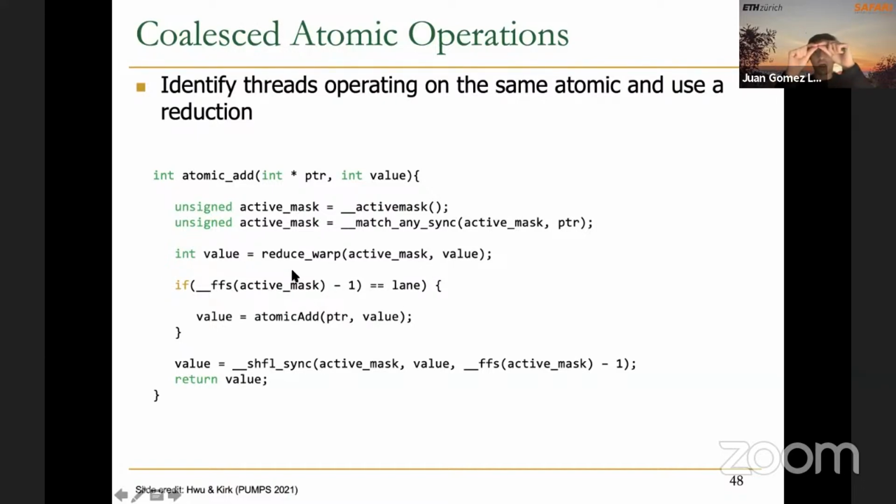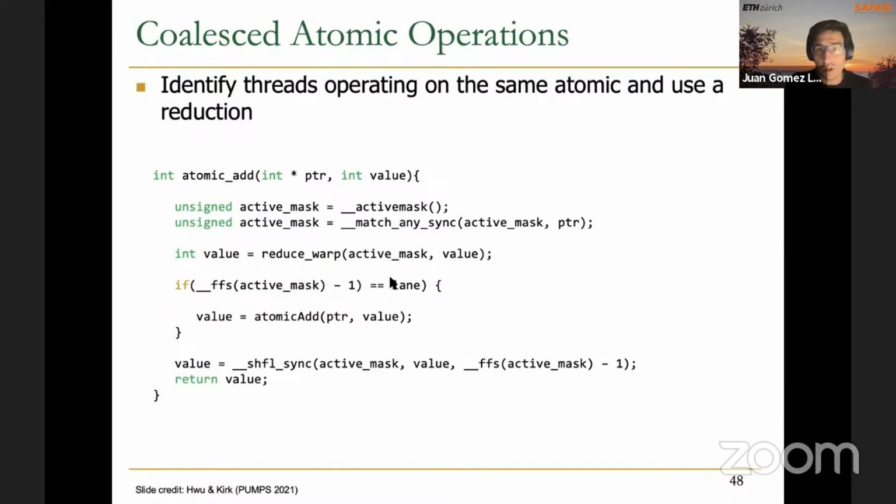So if you have an active mask where, let's say, the highest numbered threads like 31, 30, 29, etc. are zero, these flags are zero because these threads are not active. This instruction here is going to find the first bit that is set in the active mask.